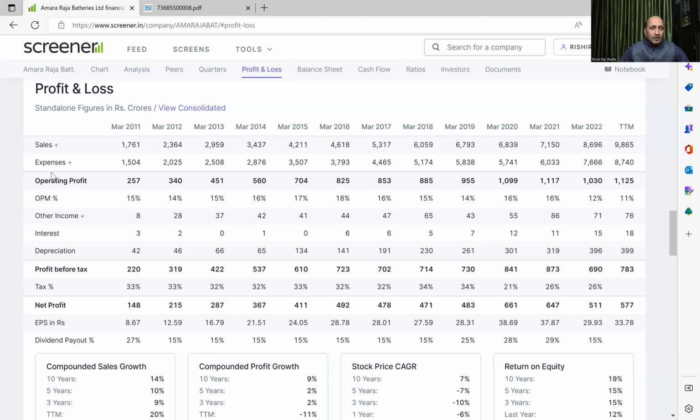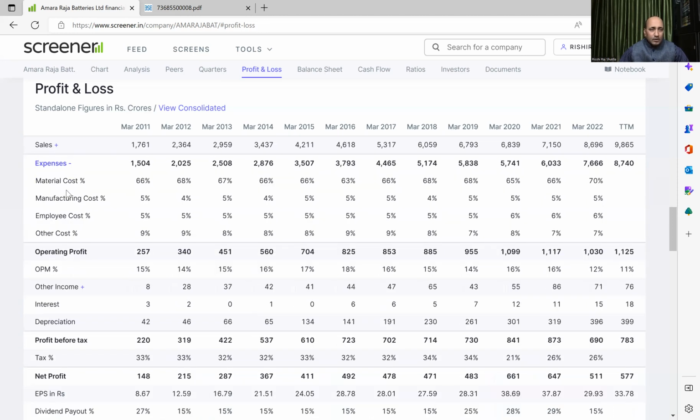Now we see expense. So this is the overall expense given. If you want to deep dive, you can go inside. Here you can see material cost, manufacturing cost, employee cost, and other cost. Now you can see material cost 66, 68, 67, 66, 68, almost consistent. But from 2021 to 2022, 4% is increased. Manufacturing cost same 5%.